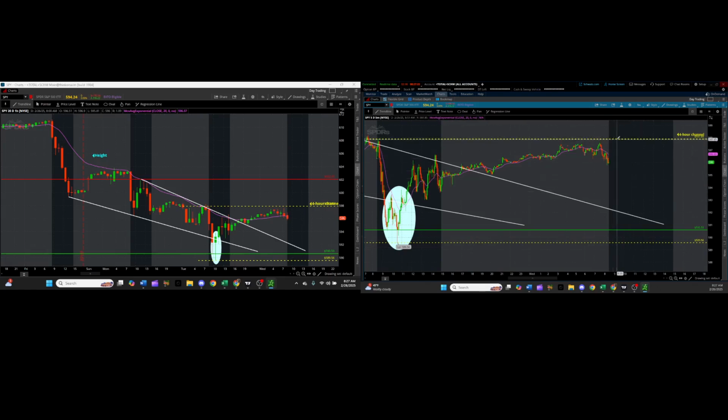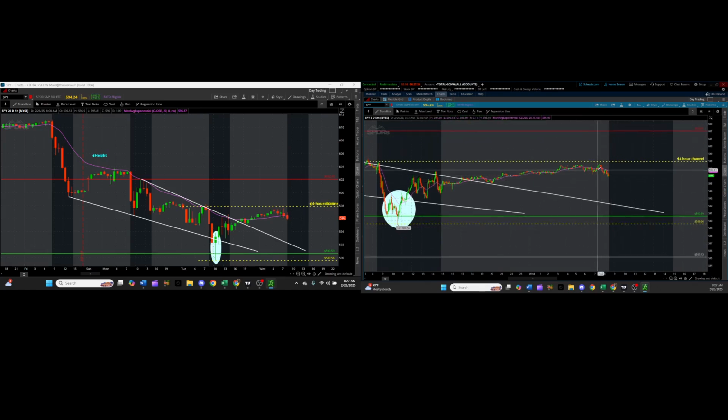So I don't want to get ahead of myself, but if it does break this 4 hour channel on this 5 minute chart, make sure that it is a confident candlestick, which means it's a bullish candlestick, not just that it's green, but that there's not a lot of wicks at the top or the bottom. Just look for a bullish candle confidently closing above the 4 hour channel if it's going to remain bullish.